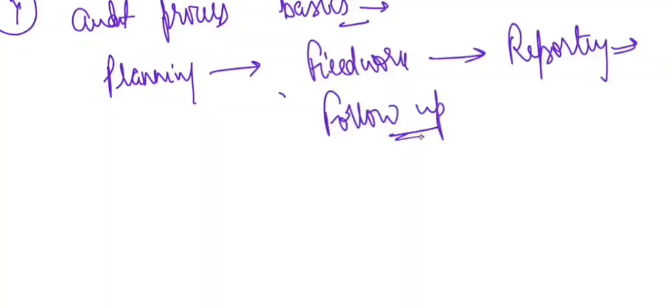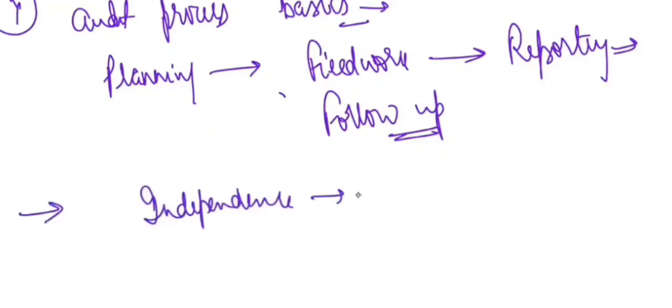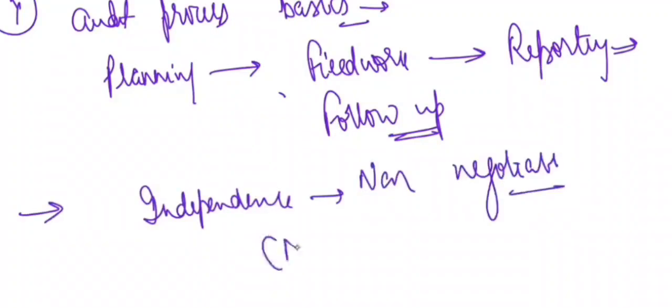So these are the steps: planning, field work, reporting, and follow up. And one more thing I want to tell you: independence is non-negotiable. That was given by Mautz and Sharaf's postulate, right?